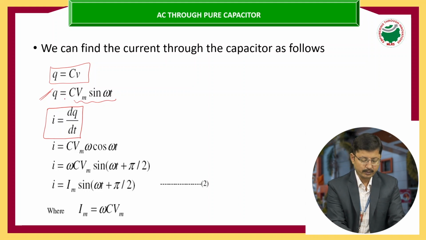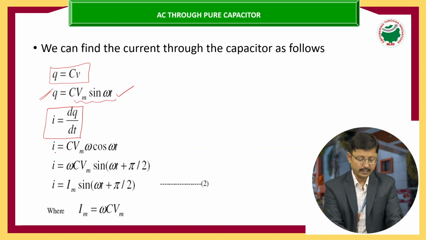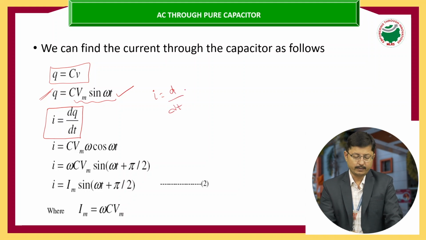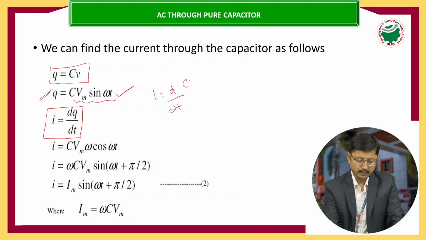We can substitute this Q in the current expression, so current I equals d by dt of the charge expression, that is C Vm sin omega t.